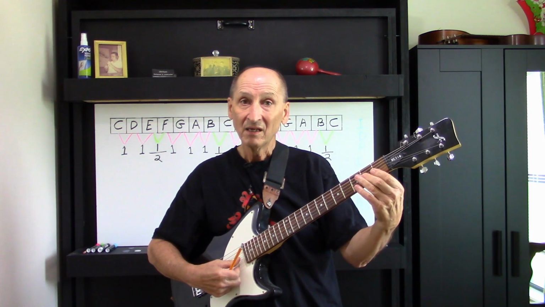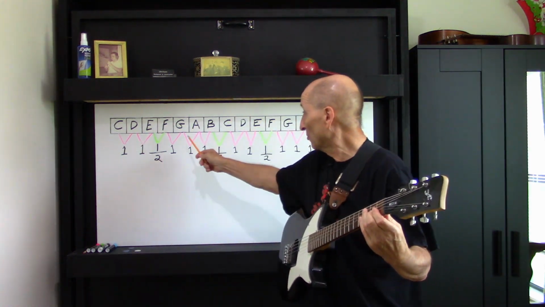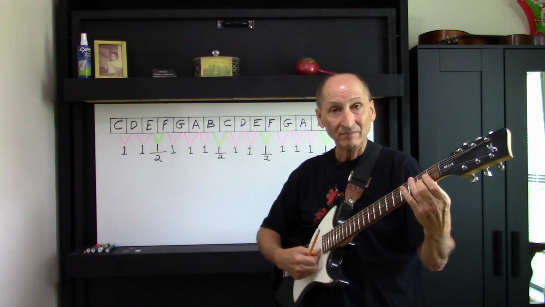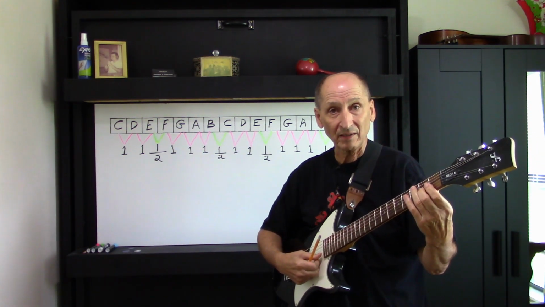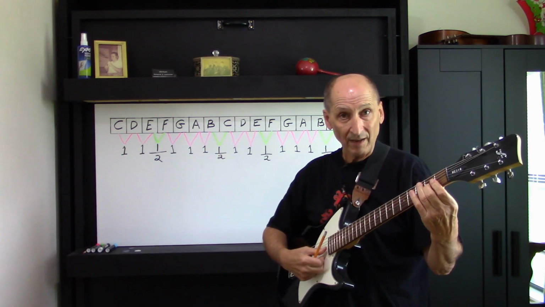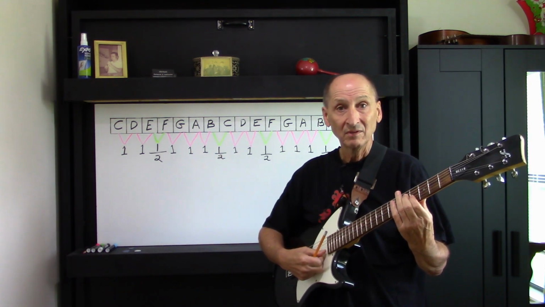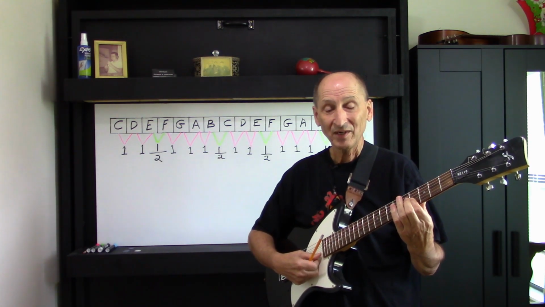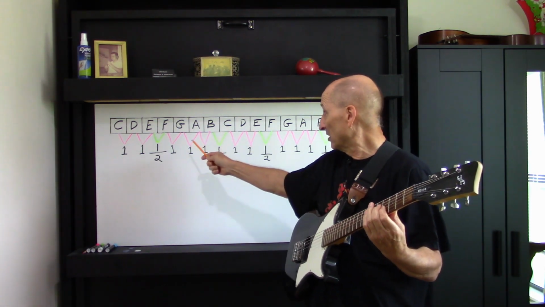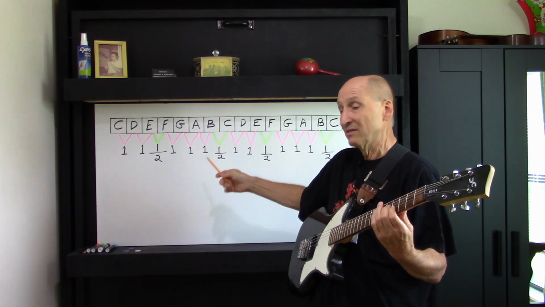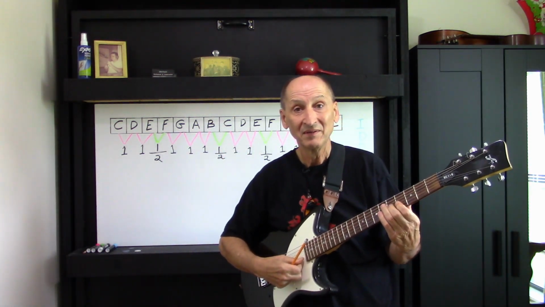Now the next note that we see a whole step away from G is A. 1 step, 2 frets. Now A to B is how far? 1 step, that's right. Then we go B to C. How far is it? It's a half step.